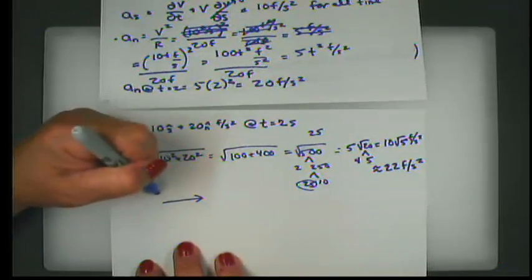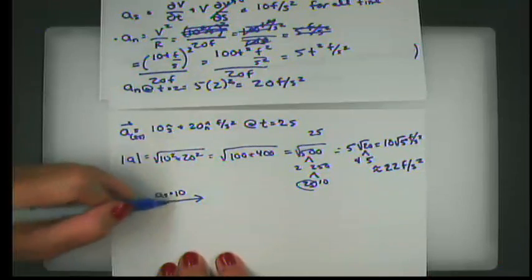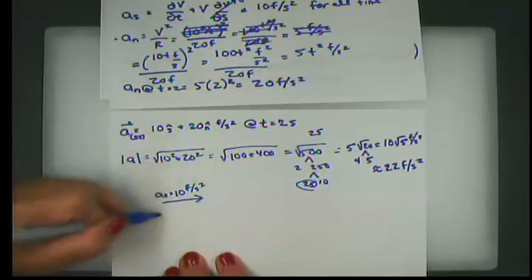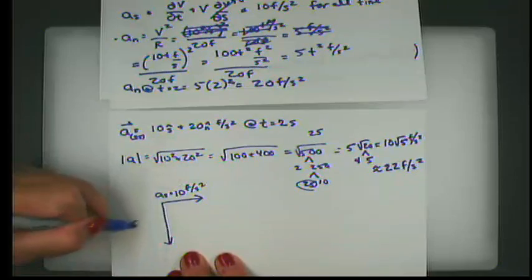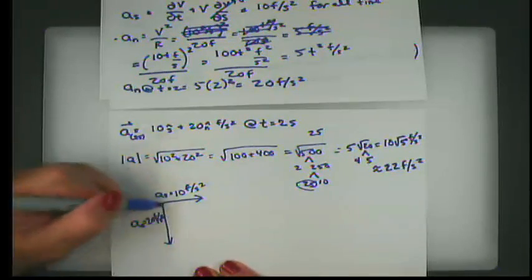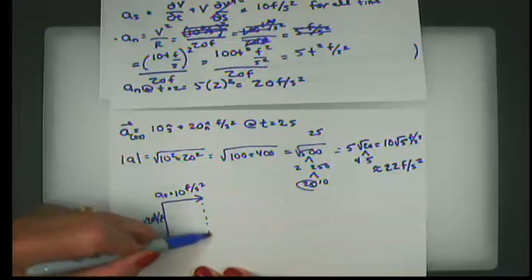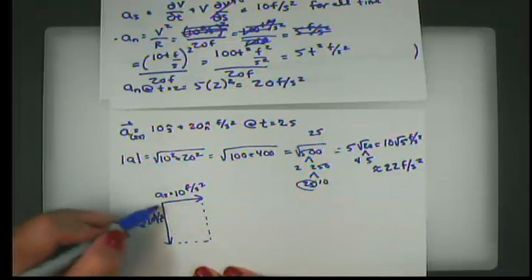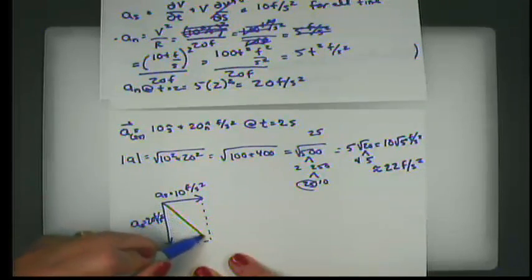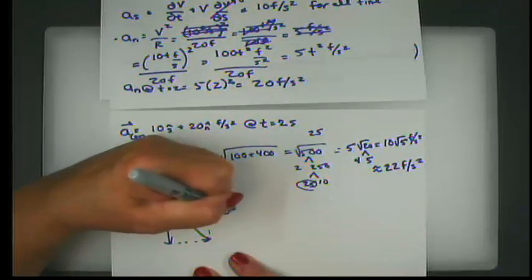All right, so what's my direction? Well, I know that my a sub s is equal to 10 feet per second squared, and my a sub n is 20 feet per second squared. So my net acceleration, if we want to reference it from the streamline, theta equals, what's this?